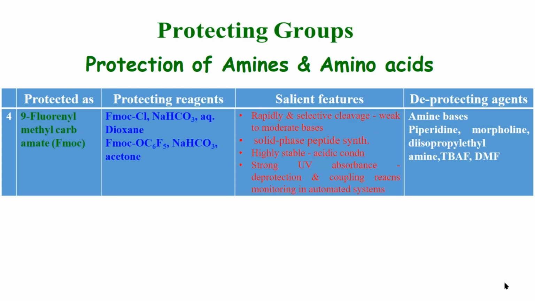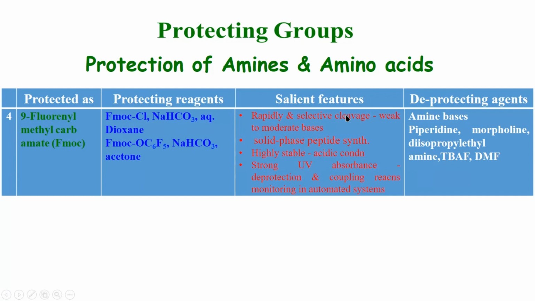They are protected as FMOC, 9-fluorenyl methyl carbamate, which is accomplished by using protecting reagents like FMOC chloride or fluorenyl methyl oxycarbonyl chloride under basic condition, or by using FMOC OC6F5 under basic condition again.